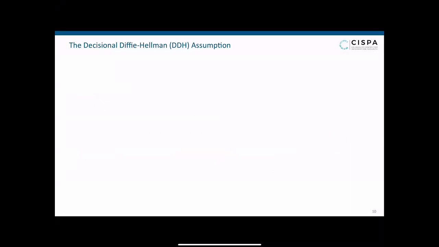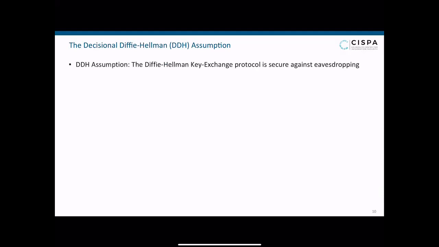But what assumption do we need for this protocol to be secure? Well, Diffie and Hellman were quite pragmatic. They basically made a new assumption and said, well, here's our assumption. They didn't say it like that, but that's sort of how we do this in hindsight. What's being done is we just take this protocol.